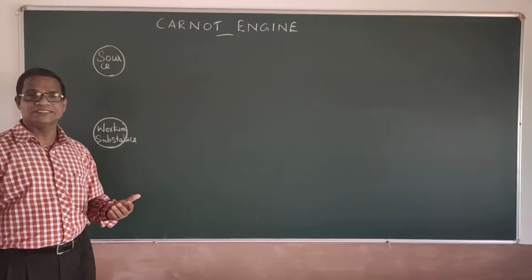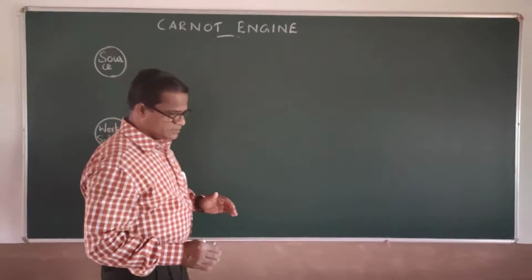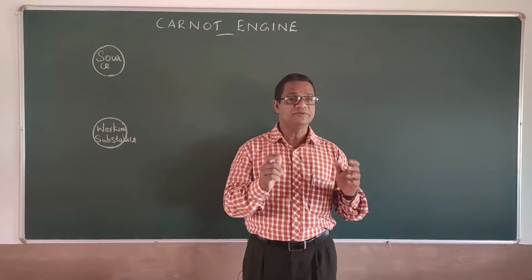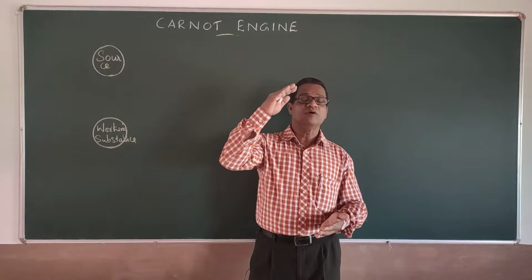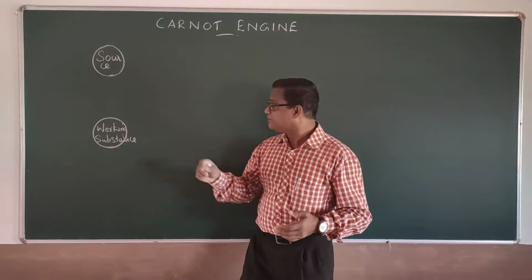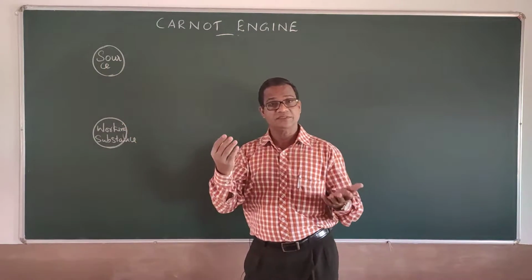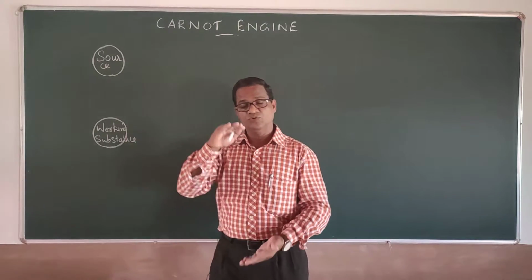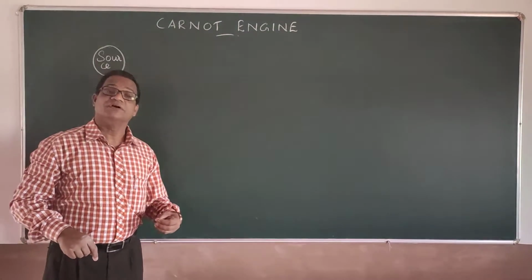That's why it's called the working substance. You can assume it to be a cylinder filled with gas and fitted with a movable piston, so that when the gas absorbs heat from the source, it expands, and it can be compressed also. The expansion and compression, the moving up and down of the piston, you can associate with the working.